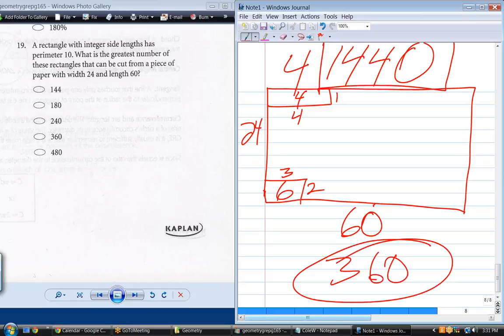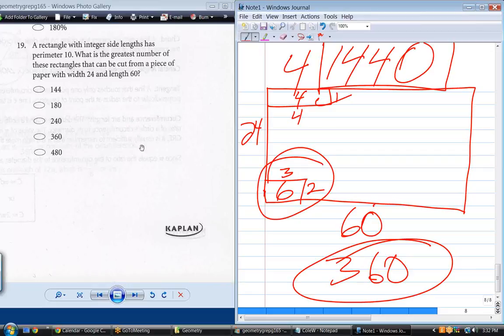So I could put 360 of these 1 by 4 rectangles in there. If I divide this number by 6, that's how many of those rectangles I could put in there. In other words, the total area has to be 1440. And that's what you know. And so that's how you solve it.